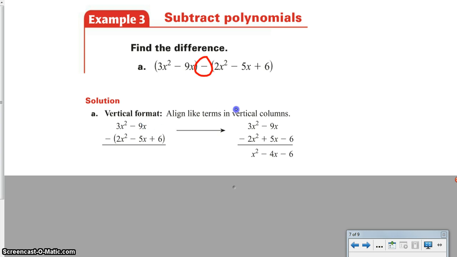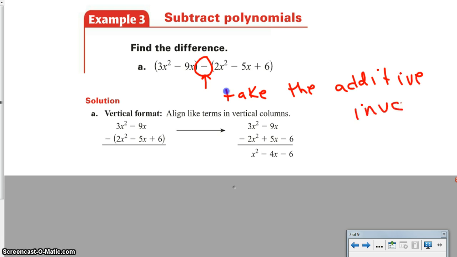When you line these up, just like place value, notice when you write the new quantity, you have taken the additive inverse. Think of this term as take the additive inverse of.